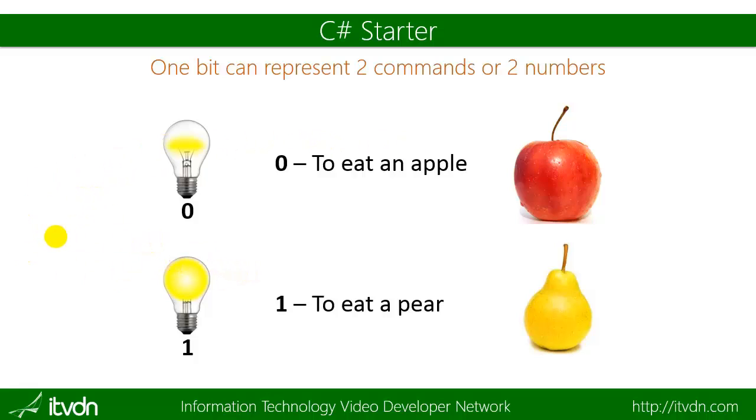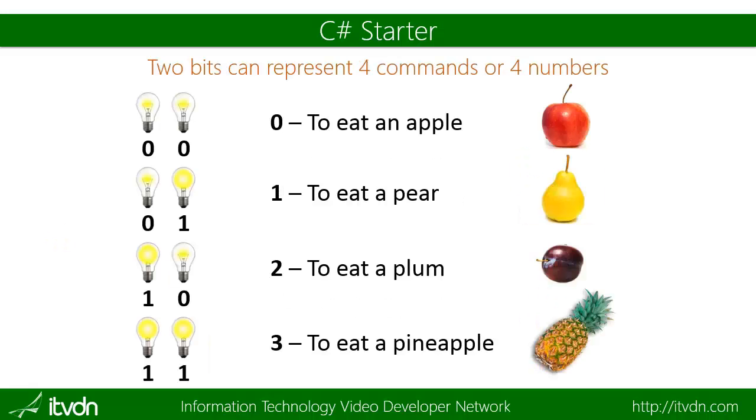If I change it and I add one more bulb, we would have more commands and more instructions. Let me show you what I mean. Here you can see we have added one more bulb, meaning we have more commands or more numbers. Using two bulbs, we can give the computer 4 commands.